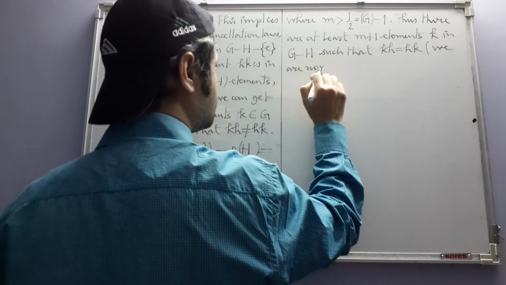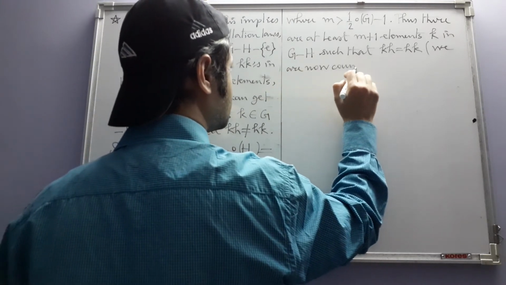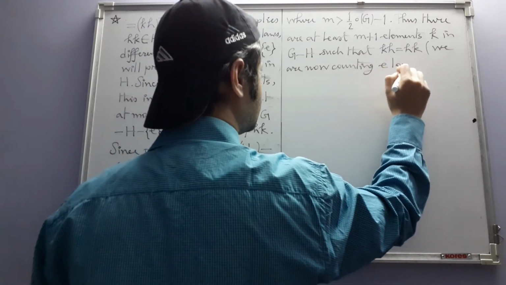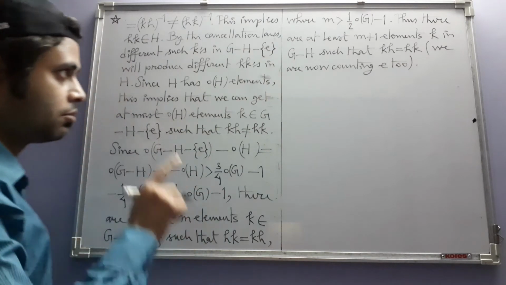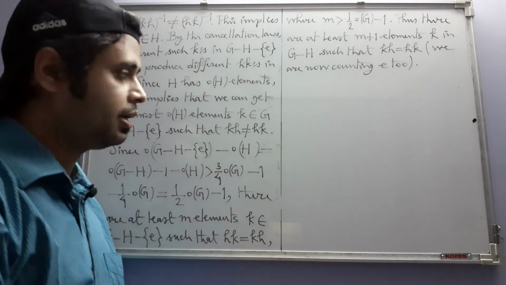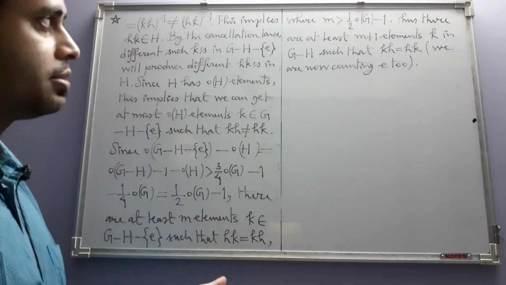We are now counting E2. Now what does this final line mean? It means that the number of elements in the group that commute with that element h is at least m plus 1.